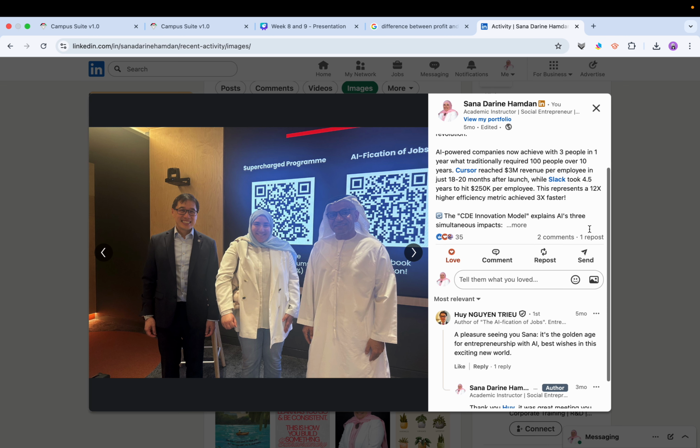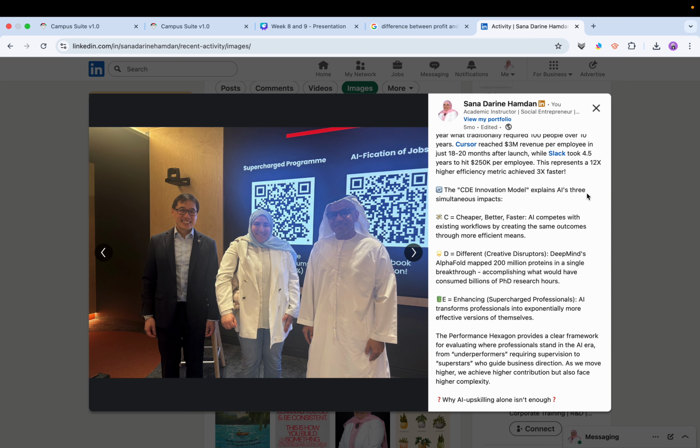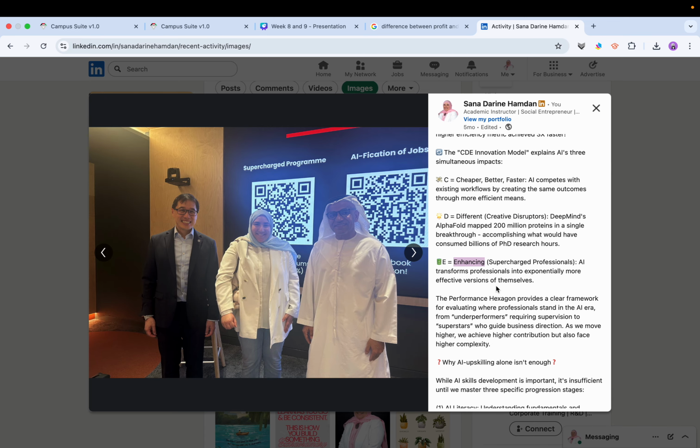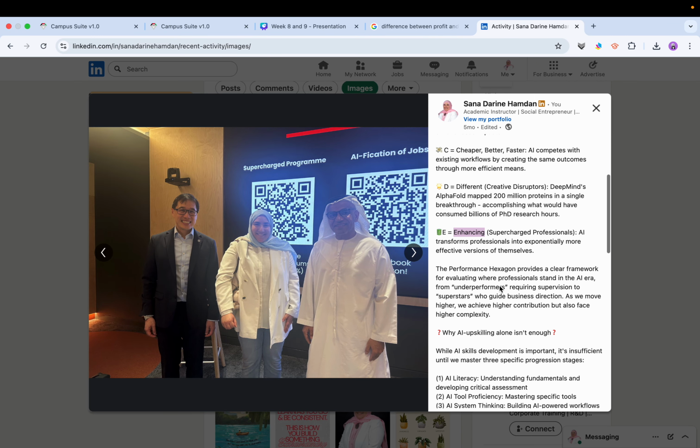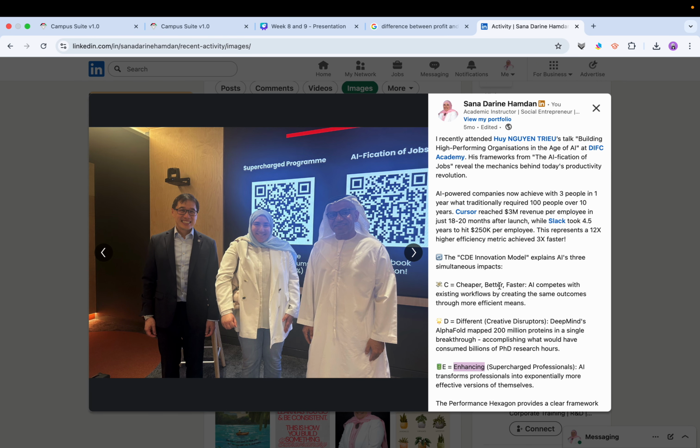Why? Because AI is becoming cheaper, better, faster. It lets people differentiate faster, enhances the workflow of professionals, and makes operations much faster. If professionals are already there and you have AI to augment them, it becomes faster.